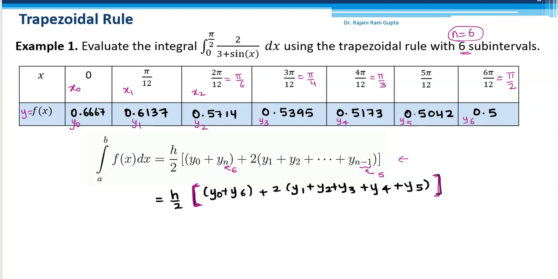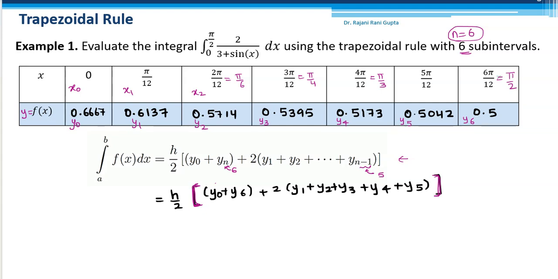If it is 4 subintervals, you stop at y4. If it is 6, you stop at 6. If 8, 8 and so on. Another important thing to note is that all the values come only one time. y0 appears only one time. y1, y2, y3 and similarly all other values appear only one time. None of the values is repeated.